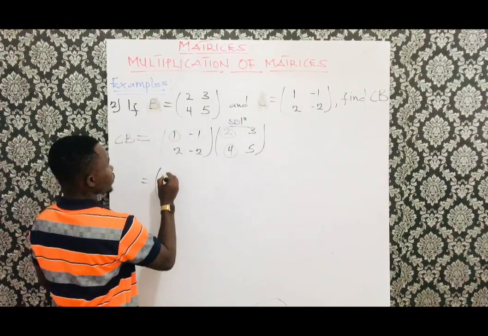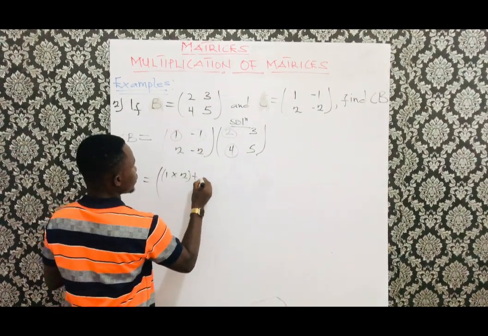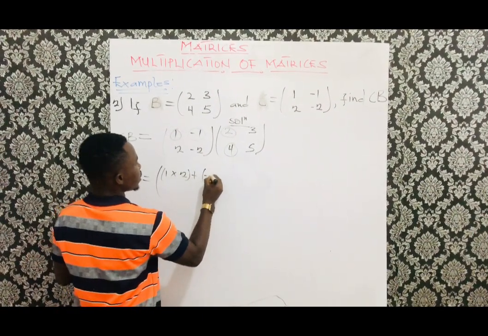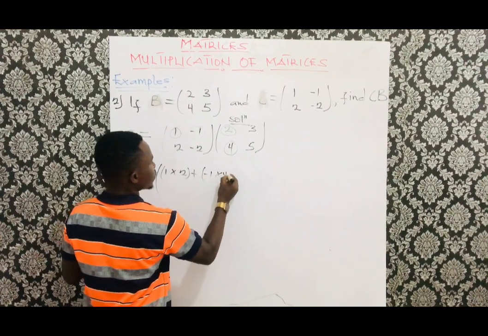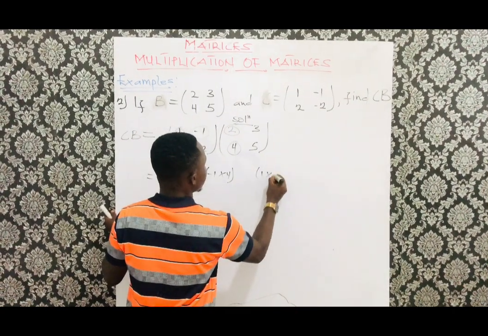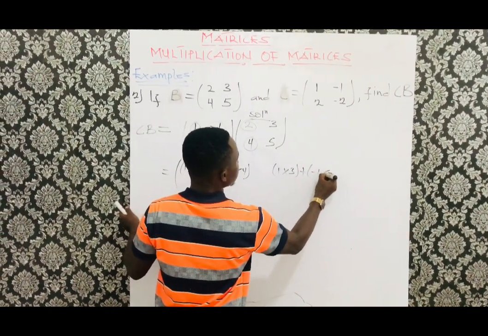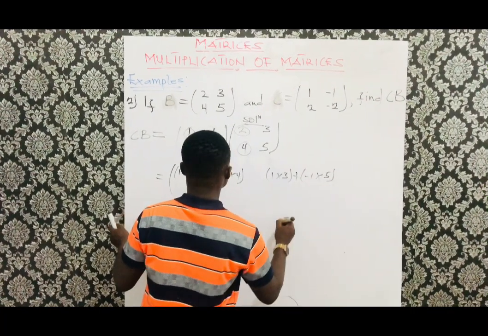So we have 1 times 2 plus negative 1 times 4. Then we also have 1 times 3 plus negative 1 times 5.